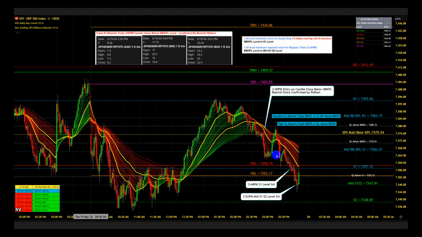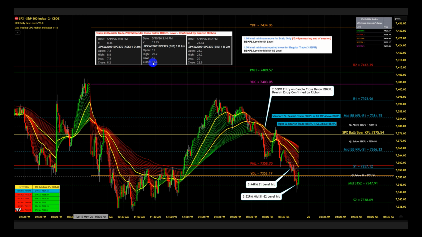However, in this case, you do have that opportunity here that occurred on this candle, which was approximately 20 minutes prior to this hit here. So if you wanted to get out on the PML level on the microscalp, then your exit would have been here. However, here is the S1 hit for a regular scalp, which does occur at 3:44 p.m.